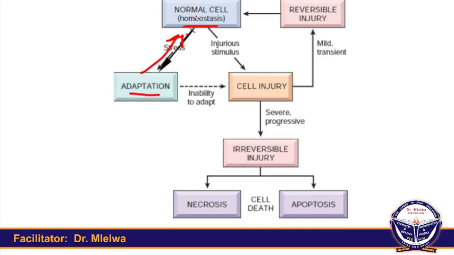But if the stimuli exceeds the level which the cell can adapt to, what will happen? The cell will be unable to adapt. So there will be inability to adapt. If the cell is unable to adapt, the cell will undergo cell injury. You see?